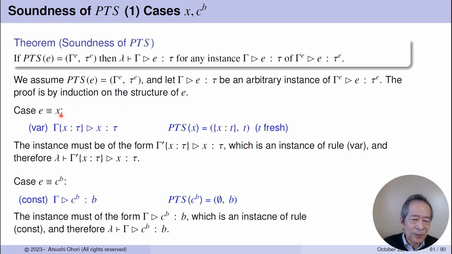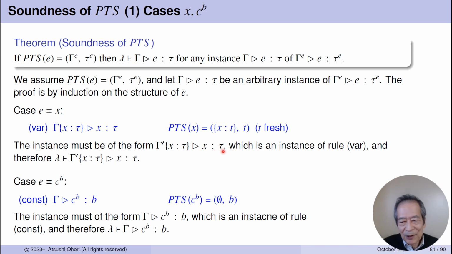First, the case of variable x. For variable x, we have this typing, and the definition is this one. So if E is equal to variable x, then the given instance must be of this form, because this is the given resulting typing, and any instance must be of this shape.